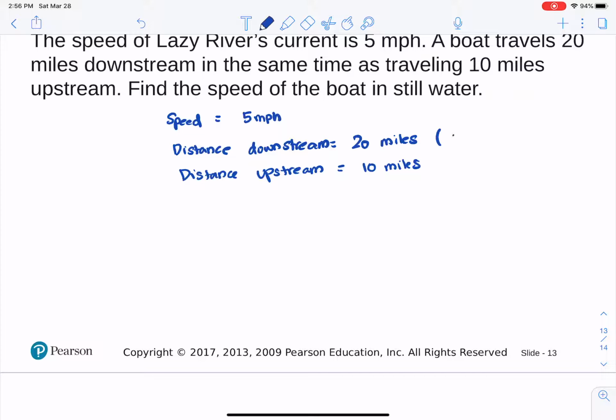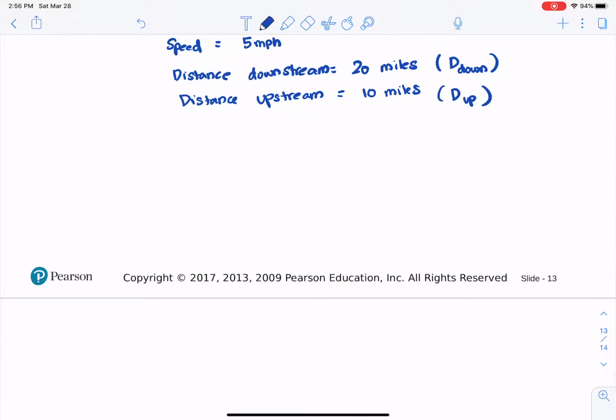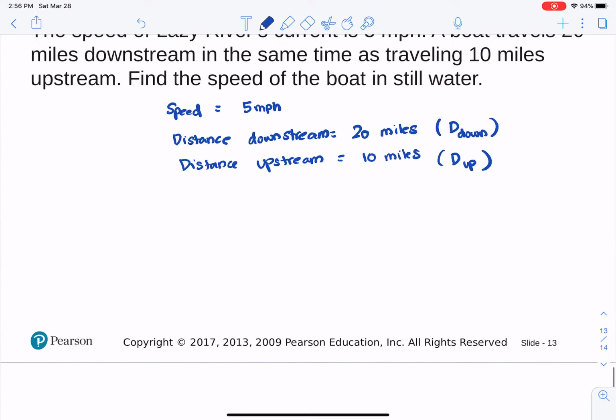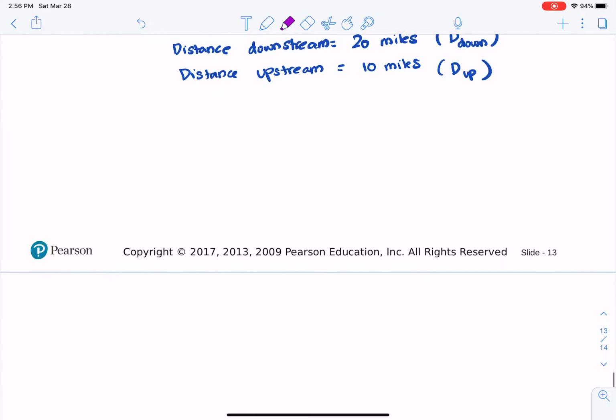We'll call it D down, and that would be D up. So we know the speed of the current, the lake's current, and we want to find the speed of the boat. In other words, we have to find the time upstream and time downstream.